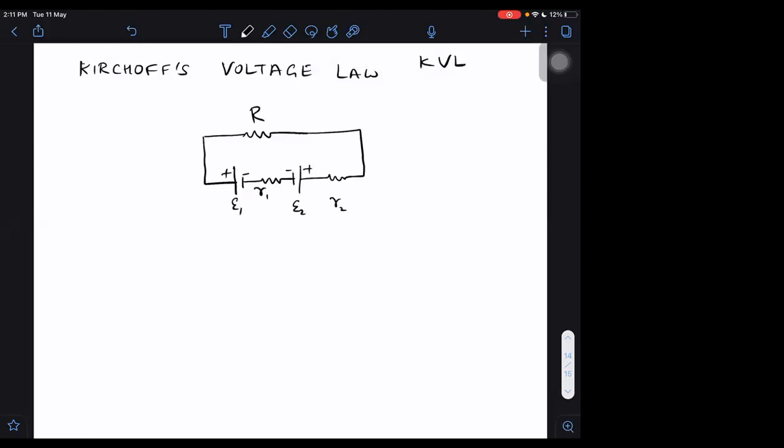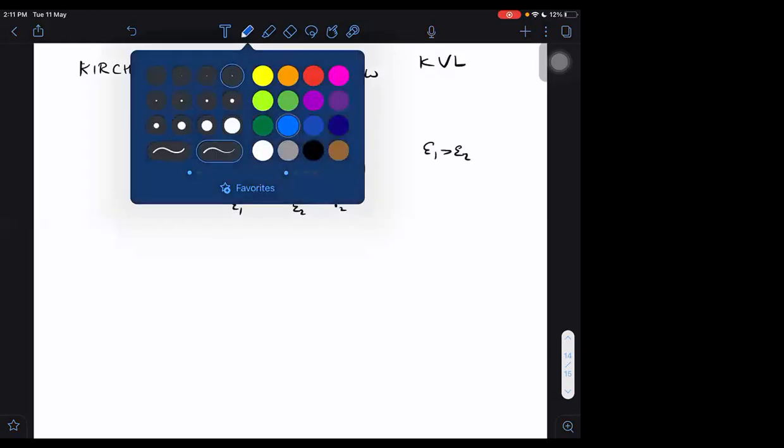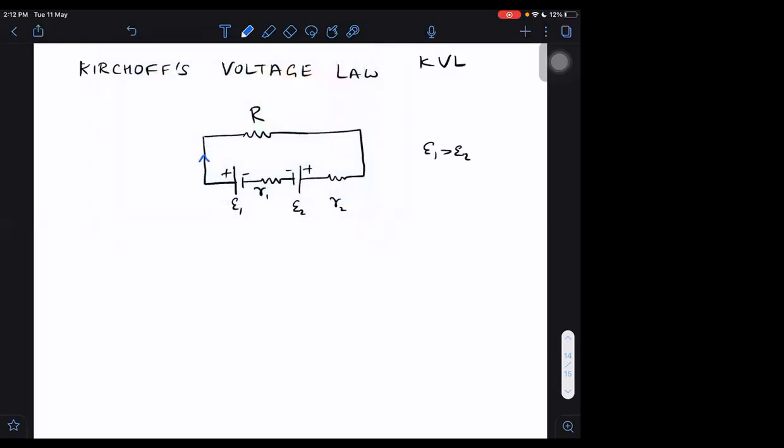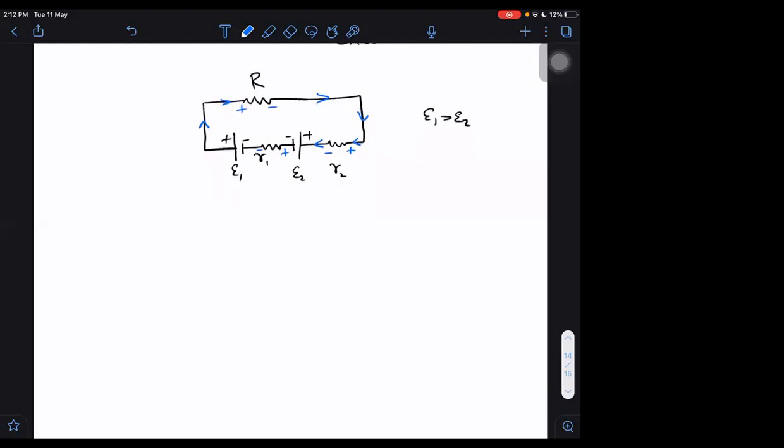Let us say E1 is greater than E2, then current will flow in which direction? From E1 to E2, from the positive terminal of E1. E1 will be discharging and E2 will be charging. Plus, minus, plus. Where the current enters the resistance, that side plus, other side minus.